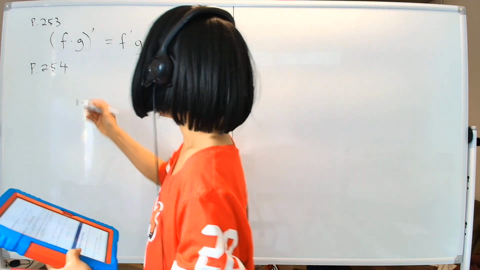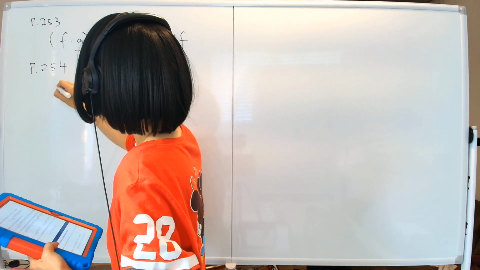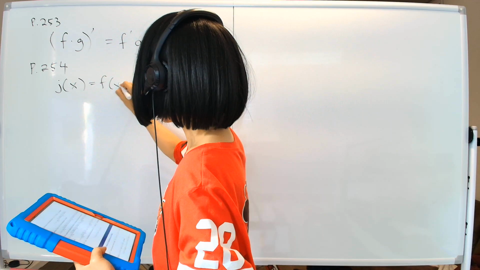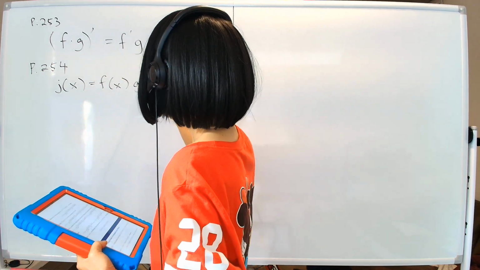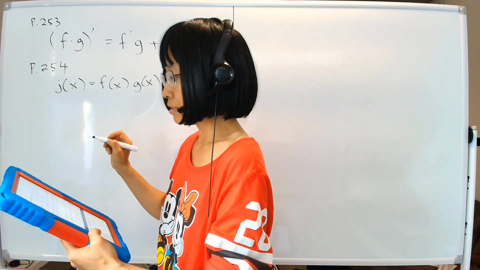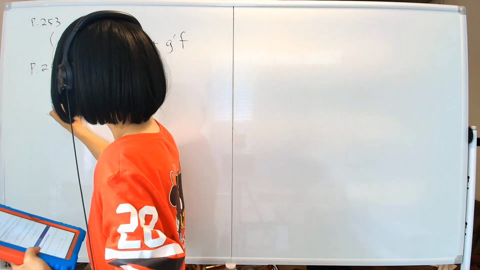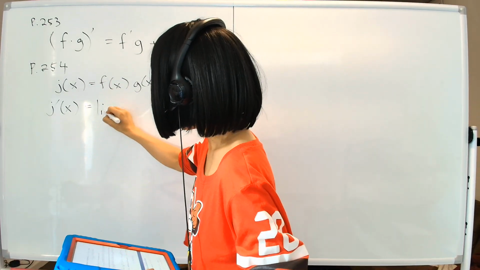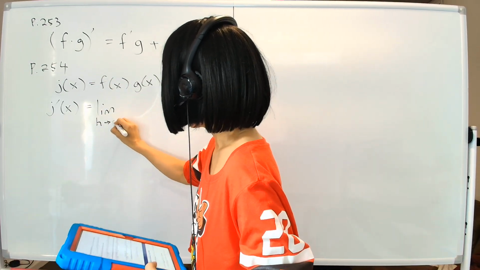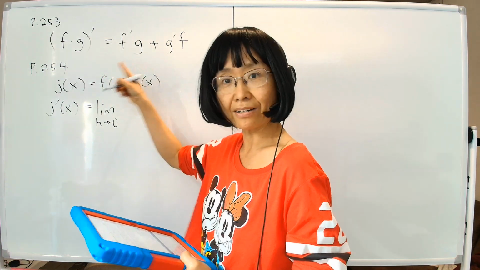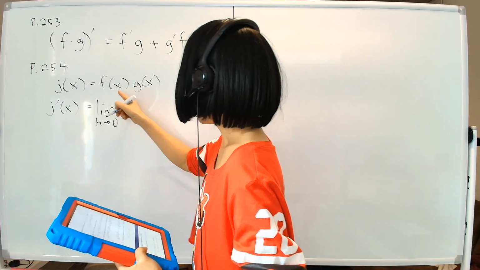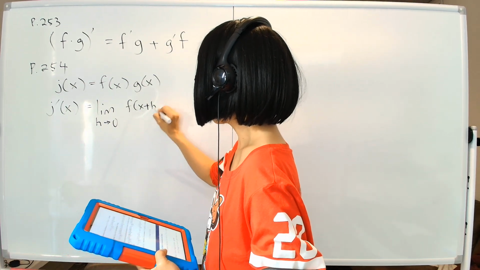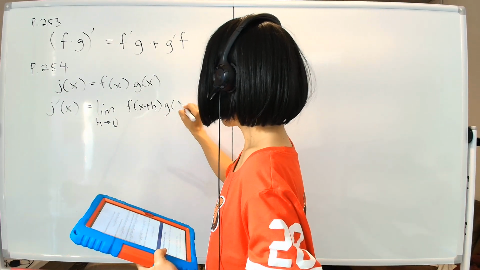So here's the definition, right? Let's say we'll call j of x equals f of x times g of x. This is a multiplication relationship here. So j prime of x, by definition of the derivative, equals the limit as h approaches 0 of the entire function, the whole function at x plus h, which means f of x plus h times g of x plus h.